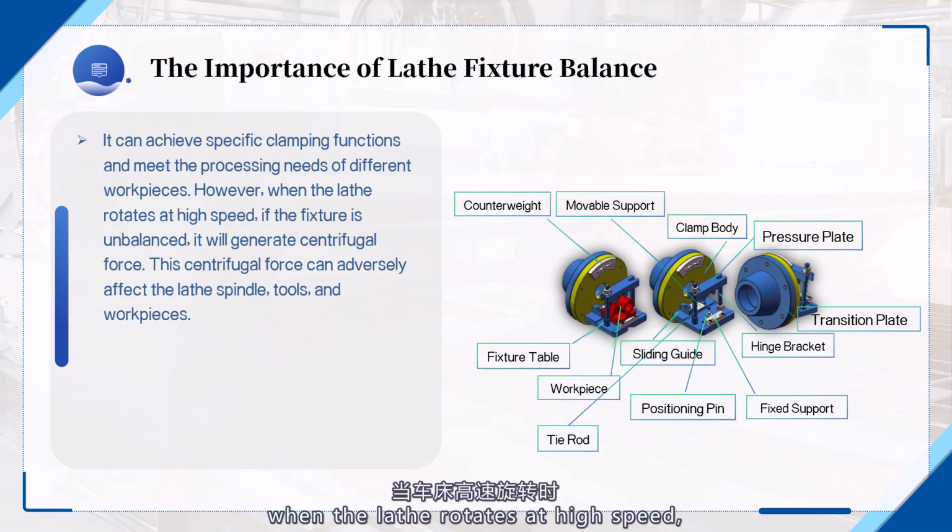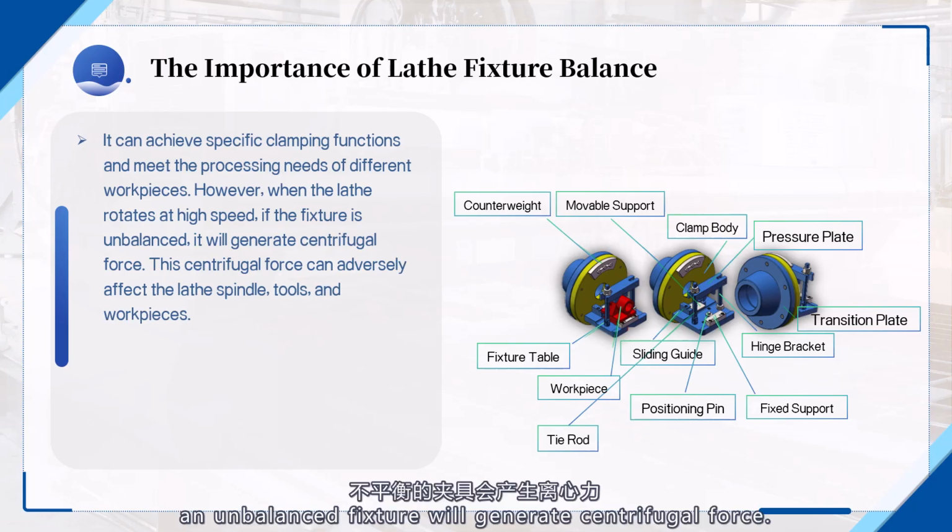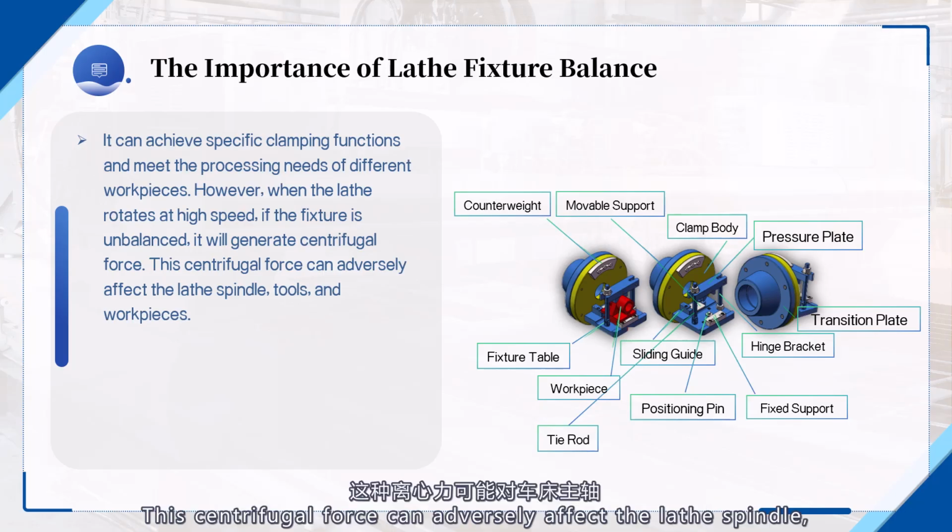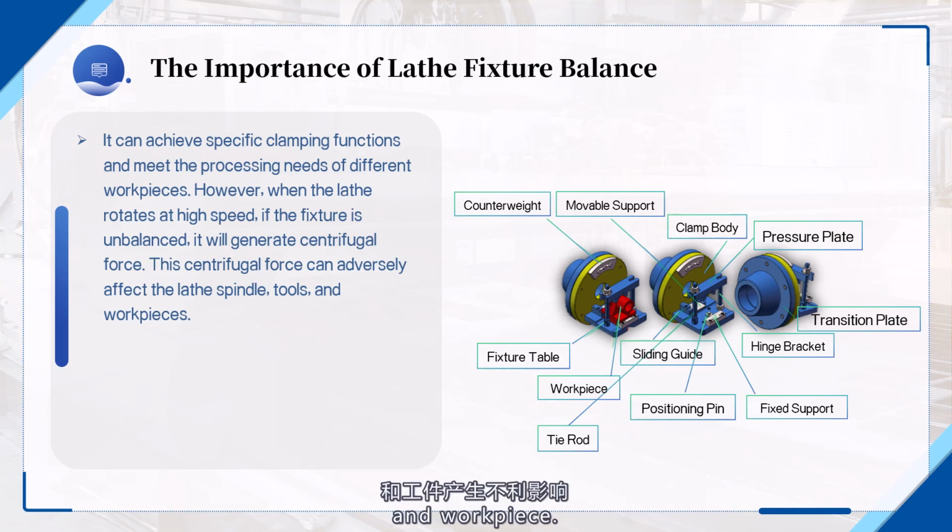However, when the lathe rotates at high speed, an unbalanced fixture will generate centrifugal force. This centrifugal force can adversely affect the lathe, spindle, cutting tool, and workpiece.